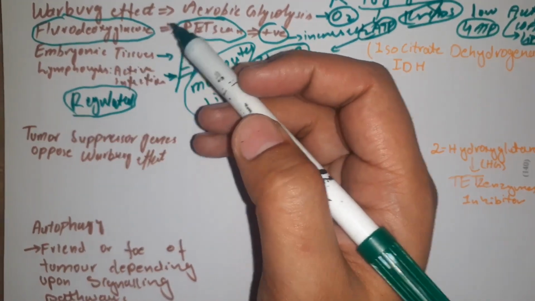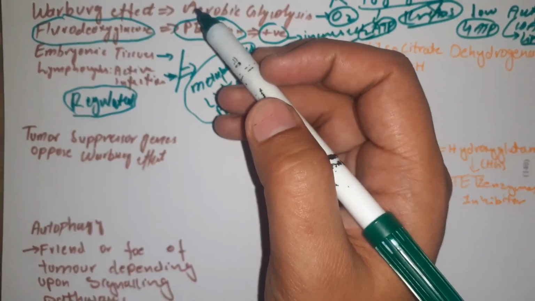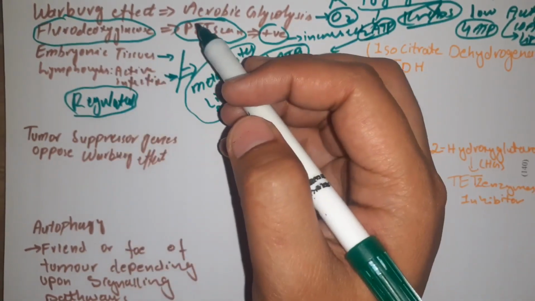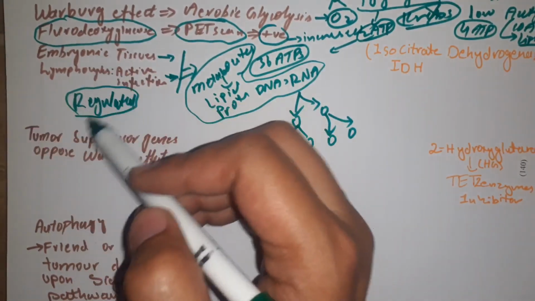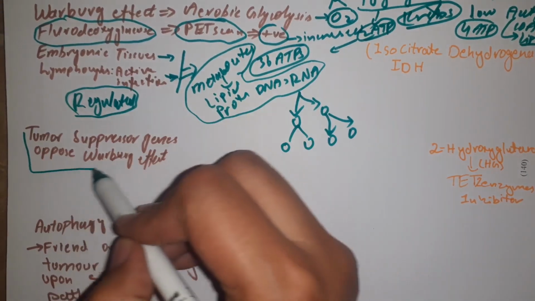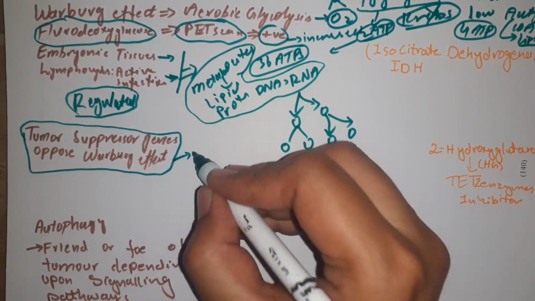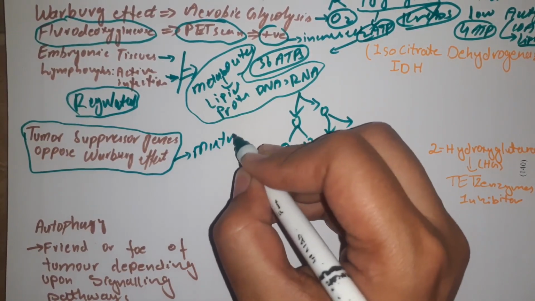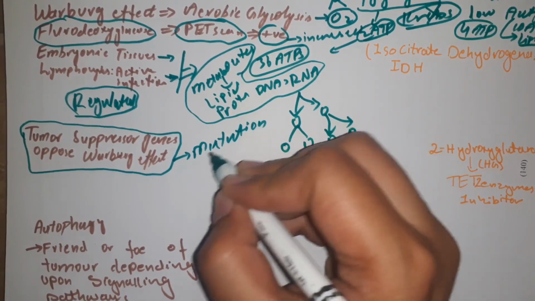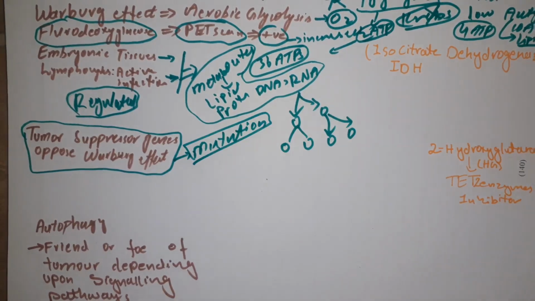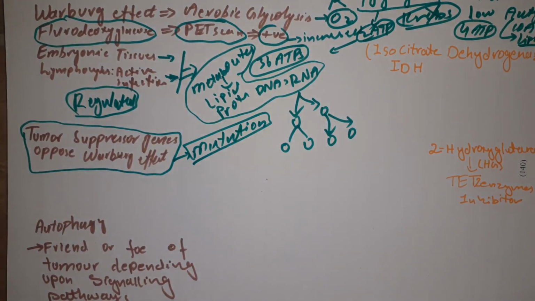However, in tumor cells, there is no proper regulation, and the Warburg effect continues. Usually, tumor suppressor genes oppose the Warburg effect. However, we know that in cancer cells, tumor suppressor genes are mutated. So when there is a mutation, there will be no opposition to the Warburg effect, and tumor cells continuously rely on this pathway and continue to divide.